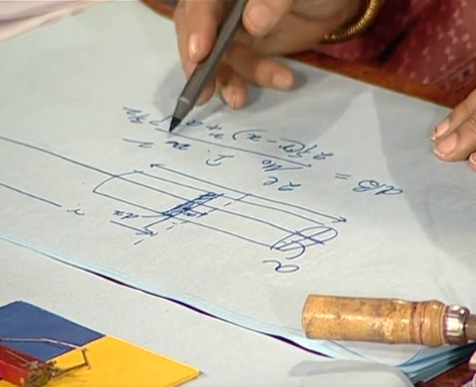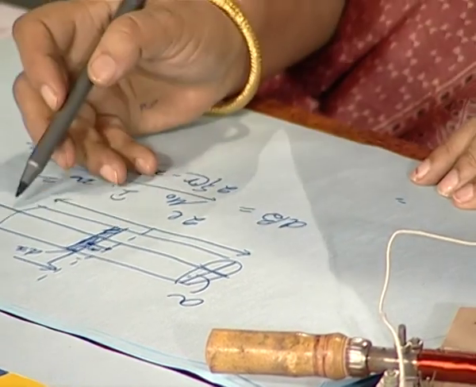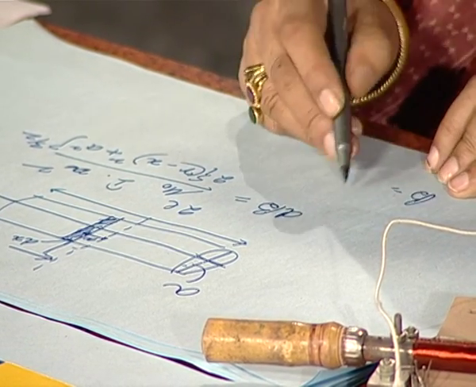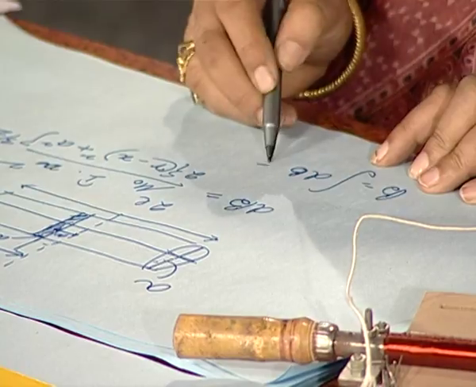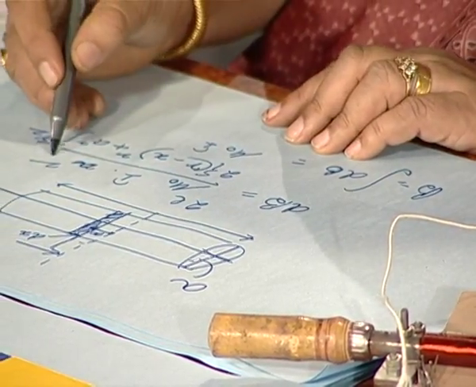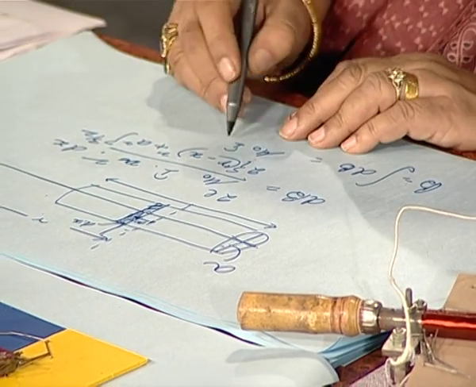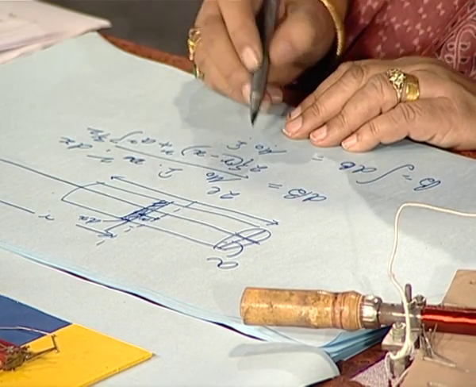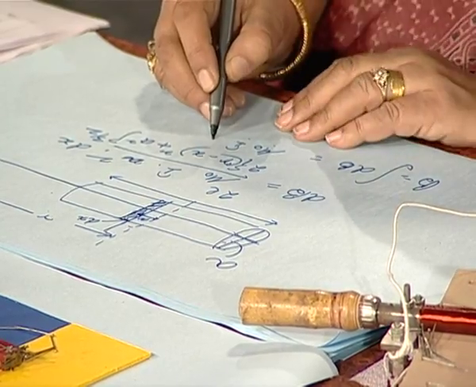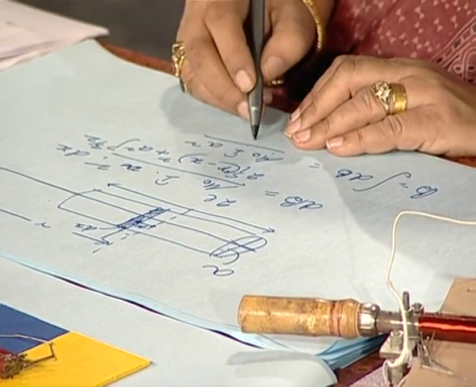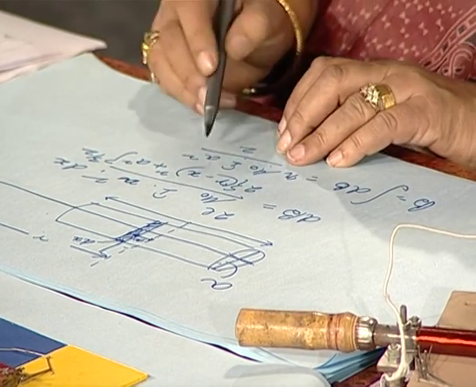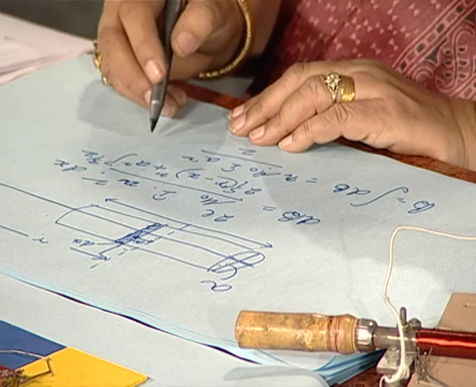Now, from here, if you were to find for the whole solenoid, then you would have to integrate it. So, the total field would be this, which would be mu naught I, we have left out the dx. So, dx should also be included, mu naught I into a square upon 2, and if there are n turns per unit length, then you will account for that factor as well.